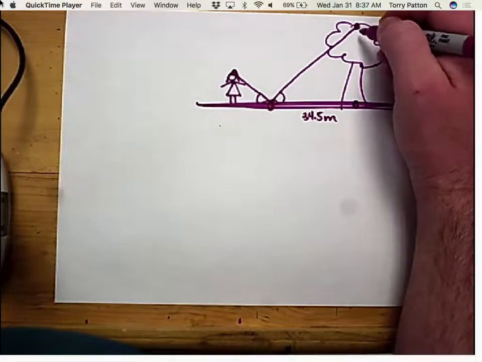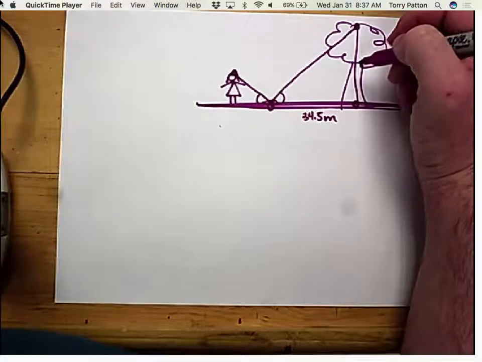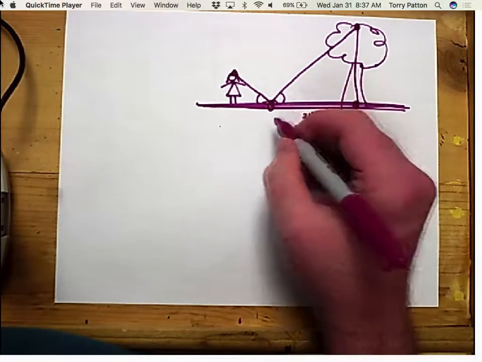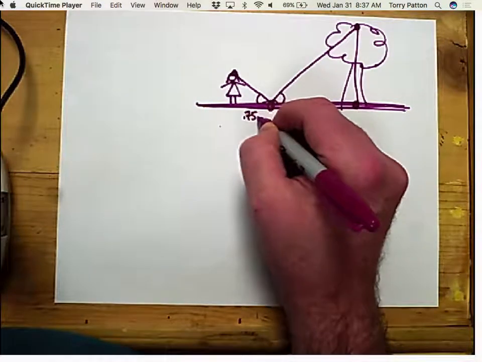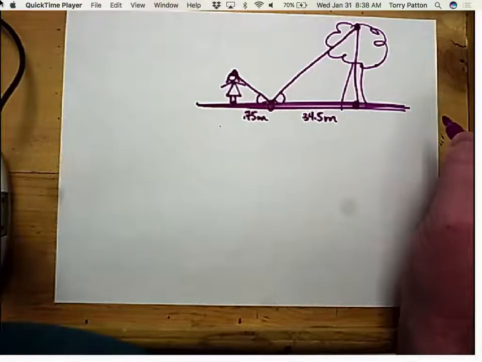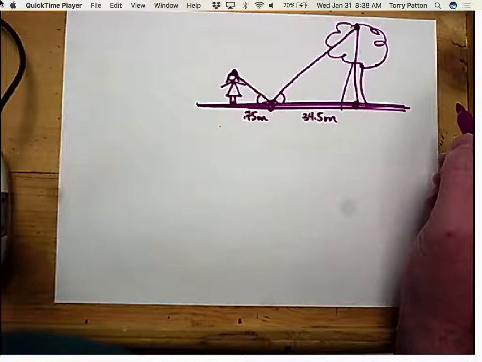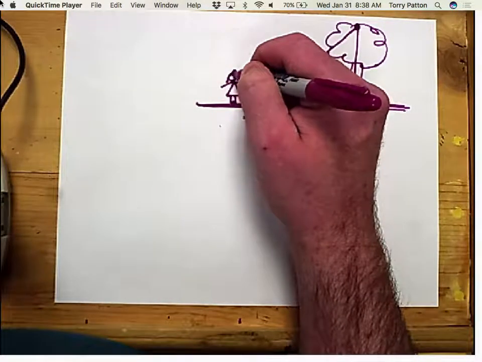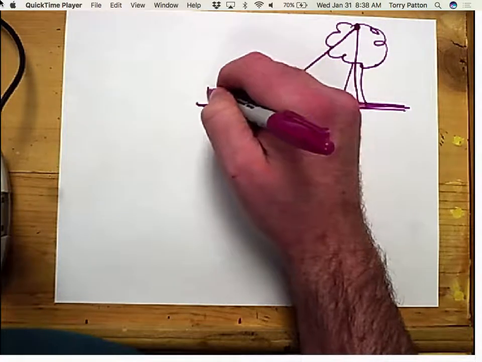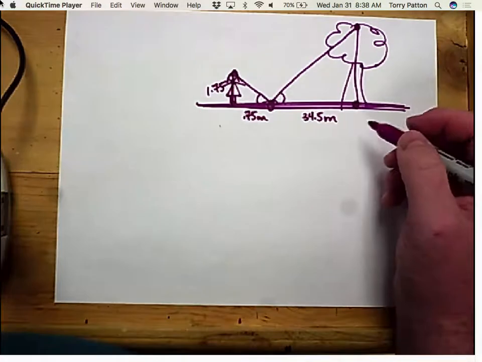Okay? The Girl Scout is 0.75 meters away from the mirror. She measured the distance from her eyes to the ground, and it was 1.75 meters.